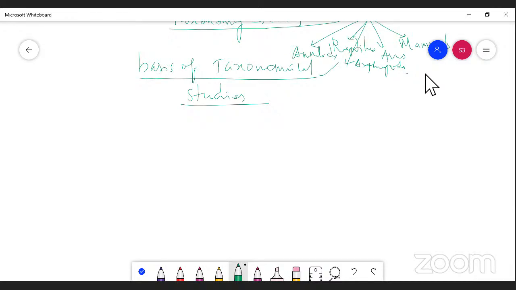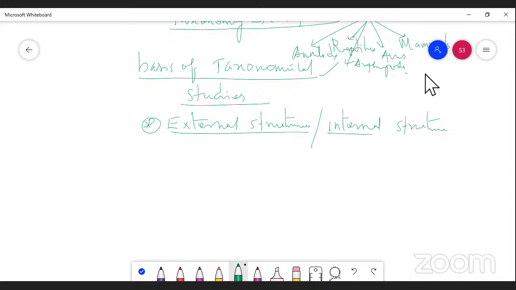The first one is the organism's external and internal structure, which we should understand. External means morphological structure.